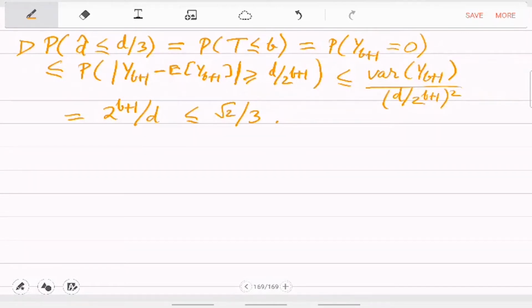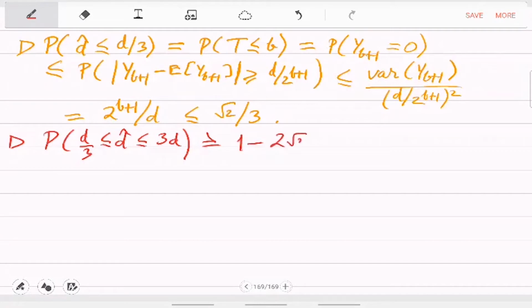So, in other words, what you have now is the probability that d hat is between 3d and d by 3, right. This is at least 1 minus 2 square root 2 by 3. Okay, that's positive.